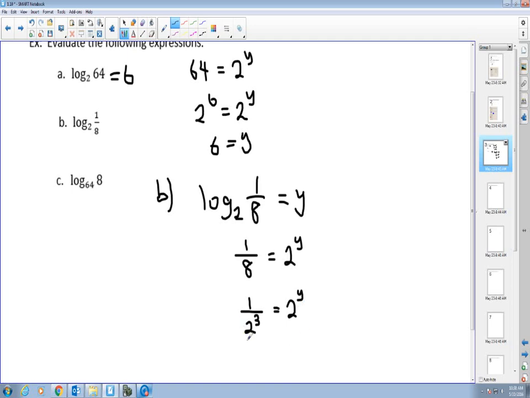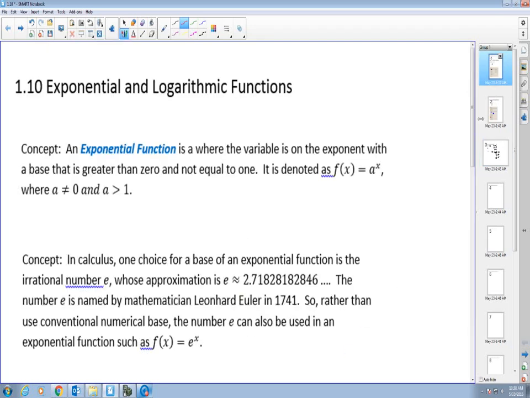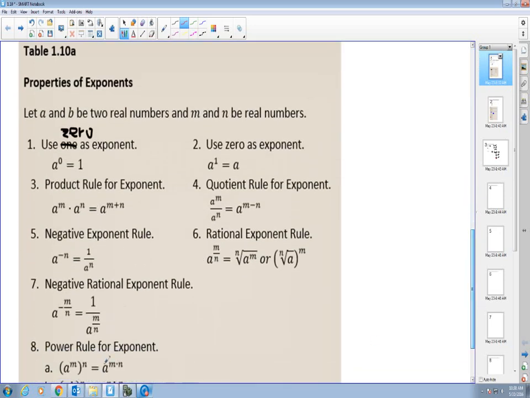So now the only trouble is one of my base 2 is in the denominator, the other one is in the numerator, so we will use the negative exponent property, which I will actually use in reverse. Normally if my exponent is negative, we will flip the base to the other side of the fraction and make my exponent positive. So now I'm going to look at it in reverse.